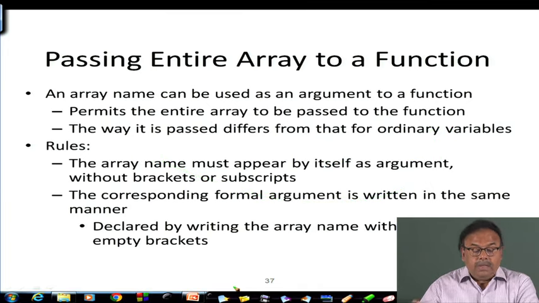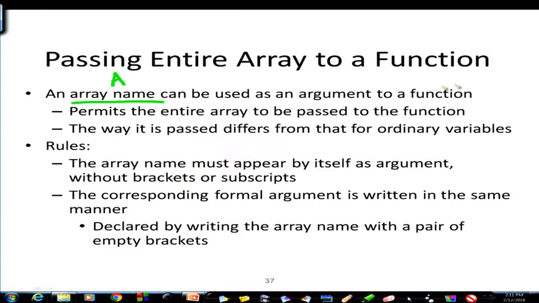Now, that is for the individual elements x[I] or x[5], x[0]. I am just passing an element, and if it is an integer array, then an integer is being passed. If it is a floating point array, then a float will be passed. But what if I want to pass the entire array to a function? That is what I just now explained.